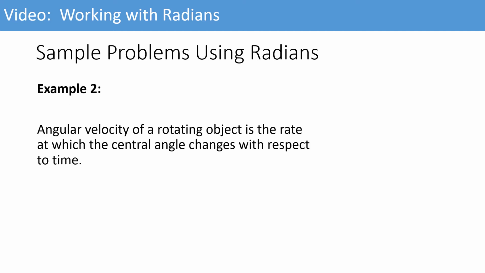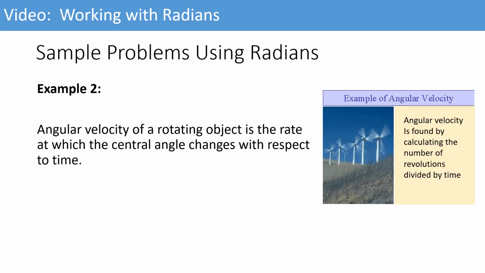Now, let's talk about angular velocity. The angular velocity of a rotating object is the rate at which the central angle changes with respect to time. Here is an example of angular velocity.